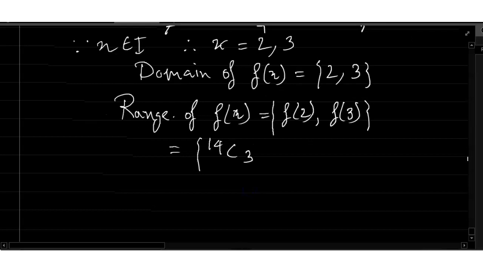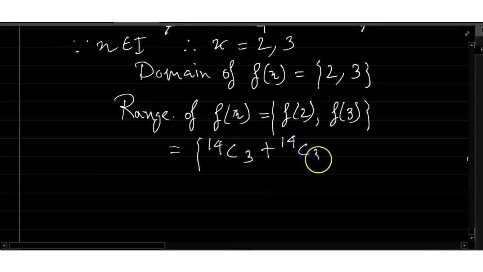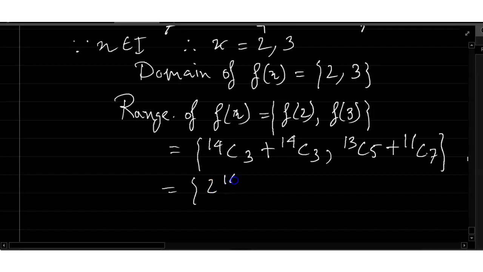is 14C3 plus 14C3, 13C5 plus 11C7. So we get 2 into 14C3, comma, 13C7, 13C5 plus 11C4.